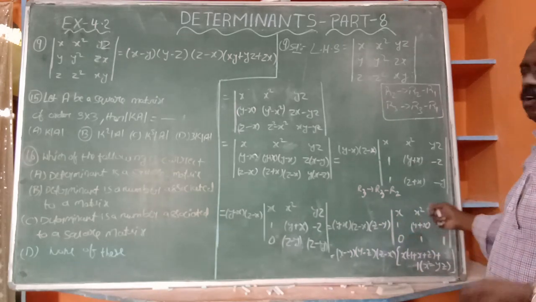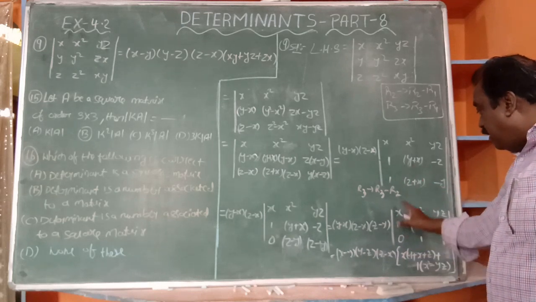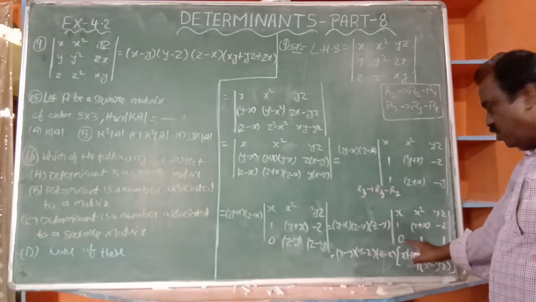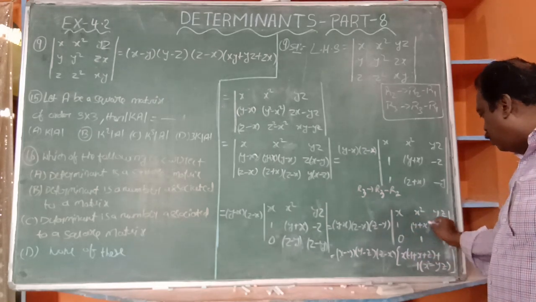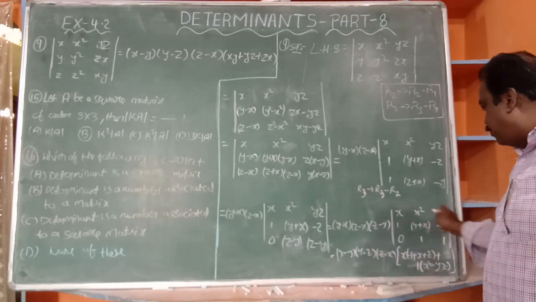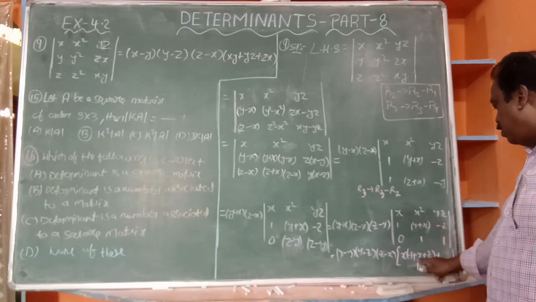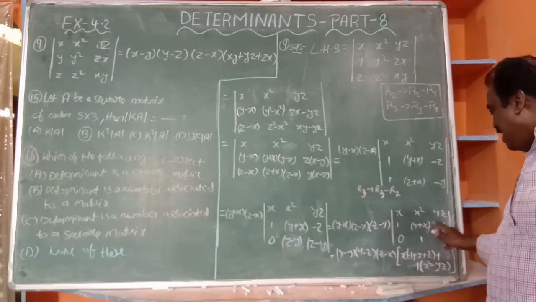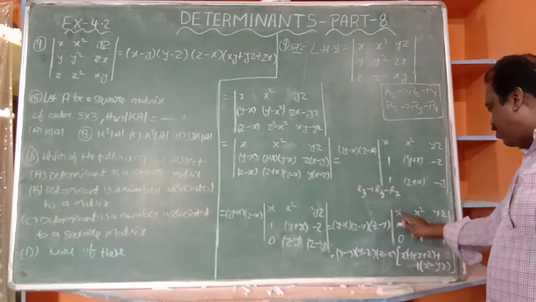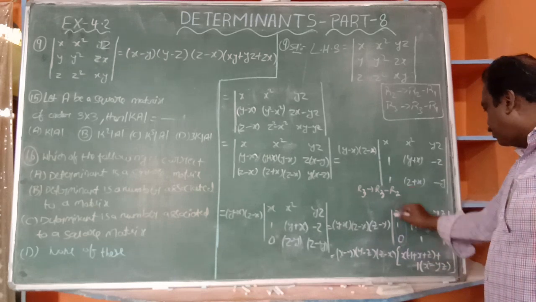Here I want to expand the determinant in the first column, not the first row, because 0 is here. X of this one and this one: y plus x into 1 is y plus x, minus of minus z plus z. Try to understand it. X of this row and column is related.